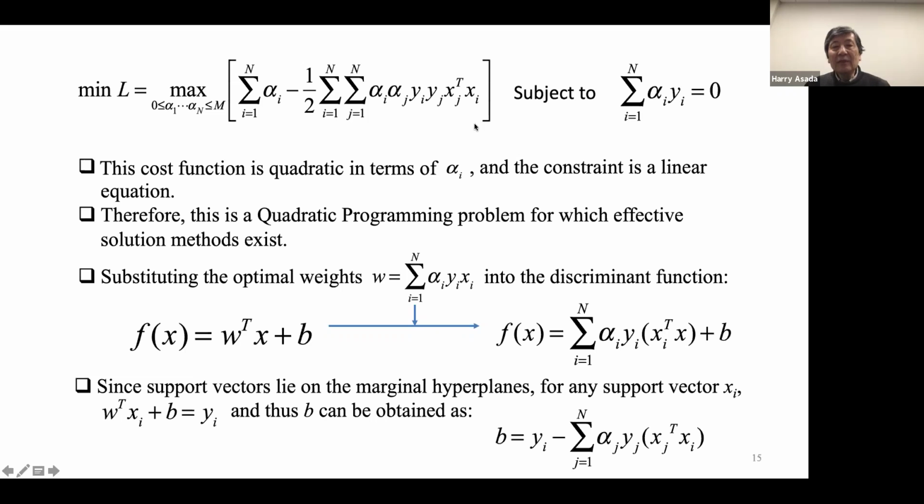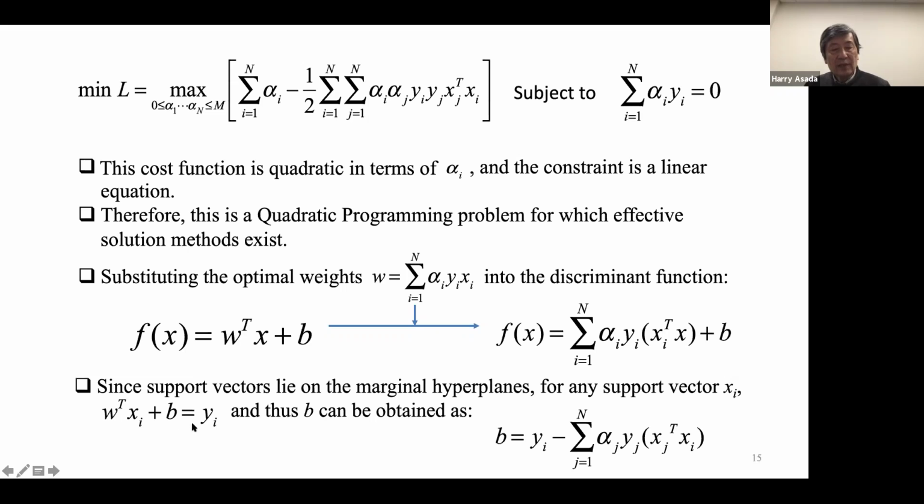So given the sample points, we can find the w which maximizes the width. Originally we had to deal with these equations, but plugging this optimum w into the discriminator function, we get it written in this form. We did not mention much about b, but b can be solved quite easily. If you pick any of the support vectors, which lie on the marginal hyperplanes or boundary, it must satisfy this.